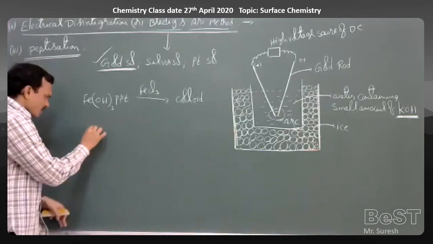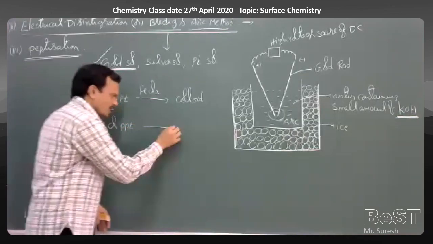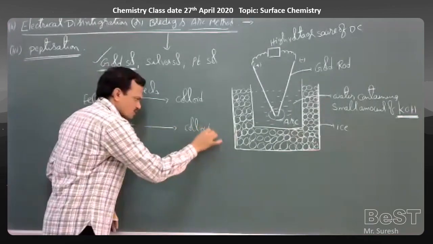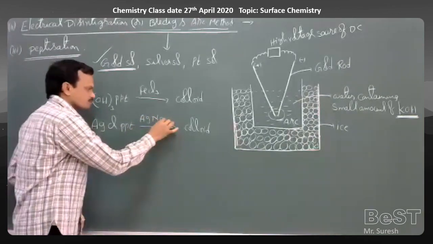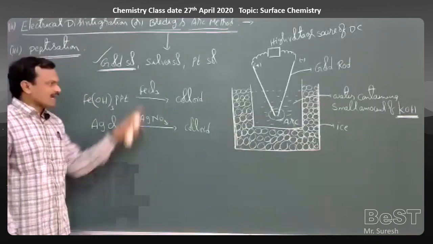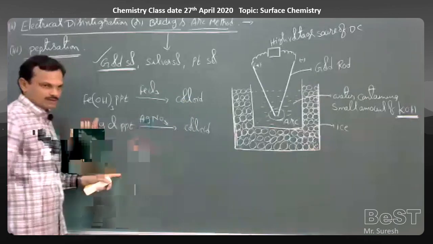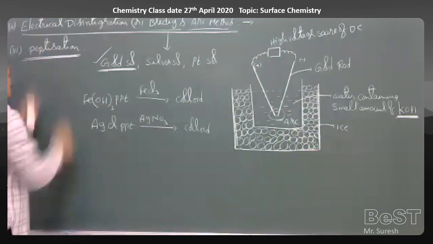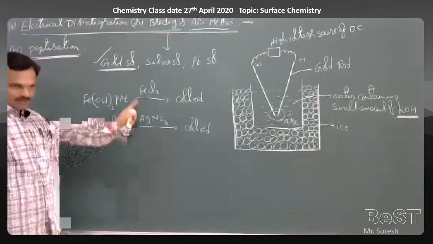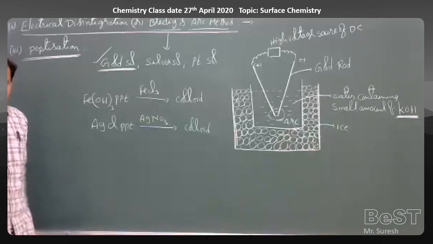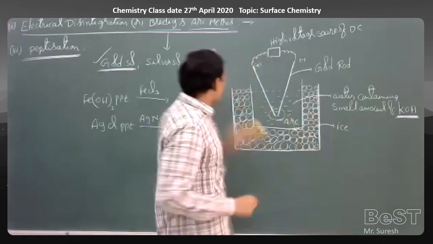Similarly, a freshly prepared precipitate of AgCl can be converted to colloidal solution by adding AgNO3. So by adding an electrolyte, we can convert a freshly prepared precipitate into colloidal solution. This process is called peptidization. Then, how is a precipitate converted to colloidal solution by adding a suitable electrolyte?